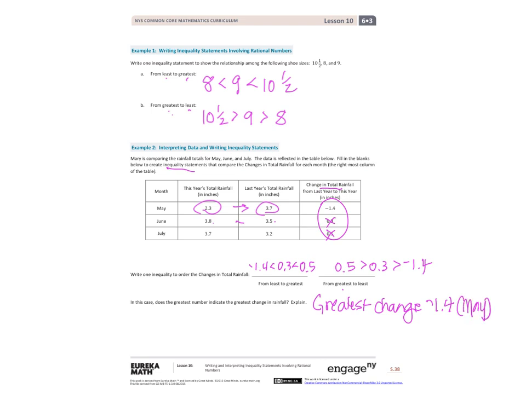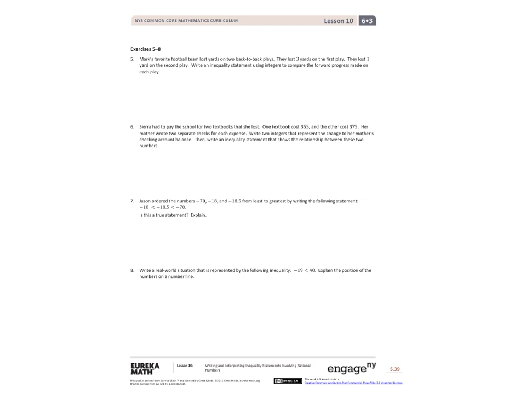But then they're saying the greatest number in the inequality. So then I'll go down here. The greatest number equals that 5/10. So that's a difference between those two. Okay, let's go to the next page and see what we have.